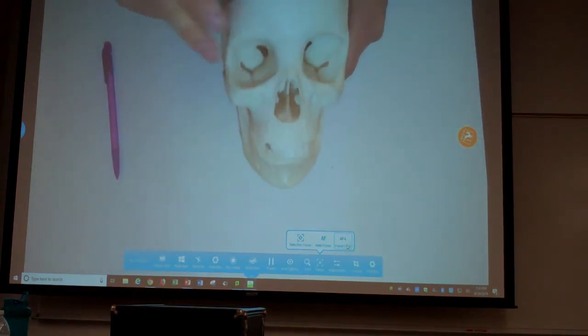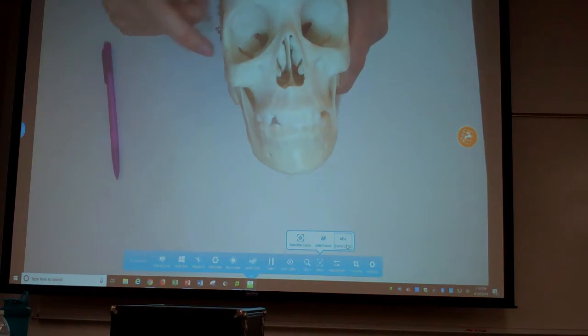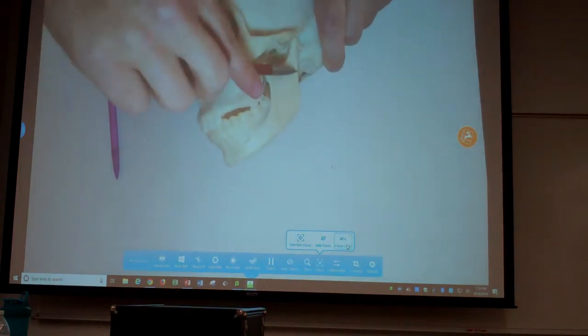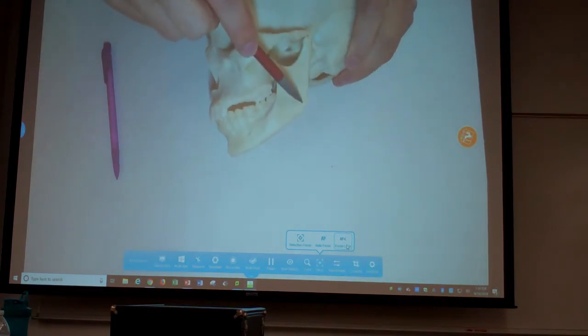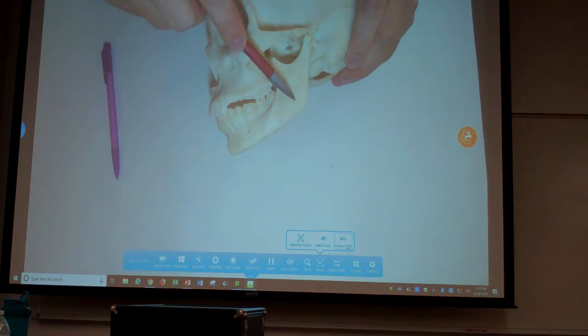Moving on to our bottom jaw, our mandible. The mandible is one long piece. We've got an angle of the mandible on each side. An angle is where a bone changes directions. So right here we can consider the angle of our mandible.